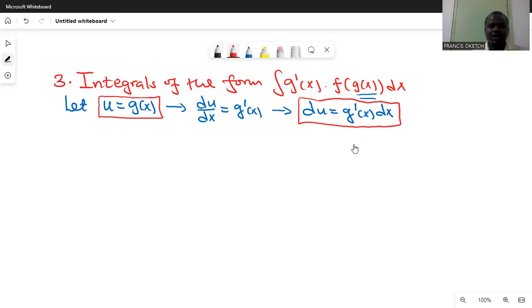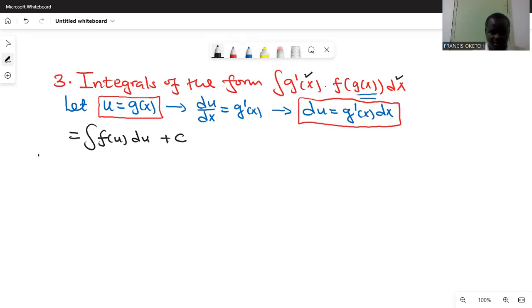When we substitute that into the given integral, it will be equal to the integral of f of u du, where we have said du is the product of g prime of x and dx. And if you know f of u, it will be easy for you to find the integral. Remember there's a constant c of integration.